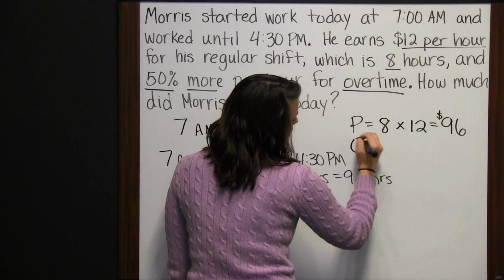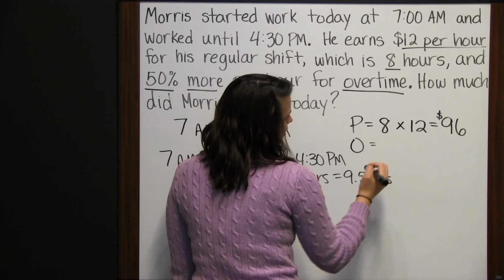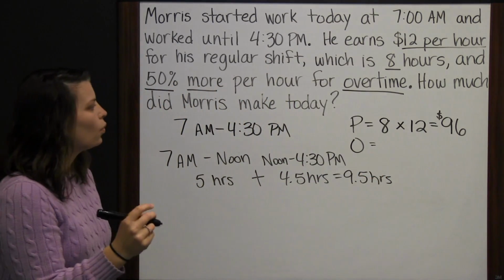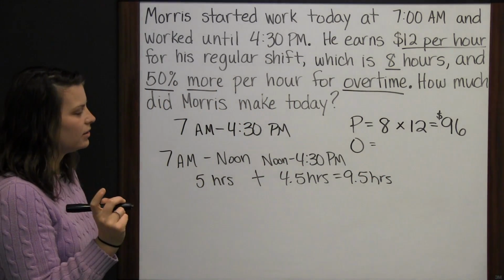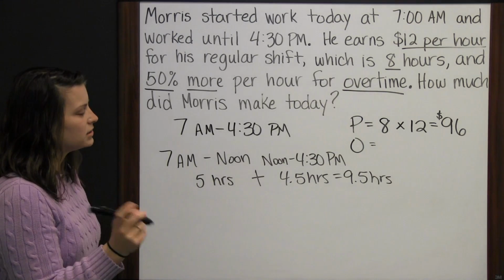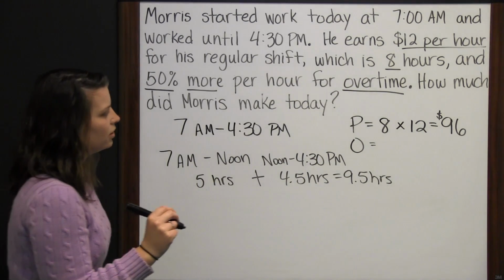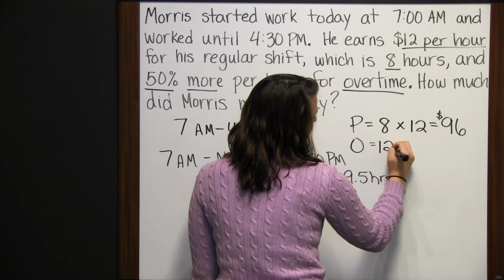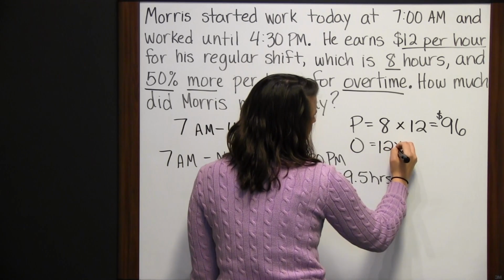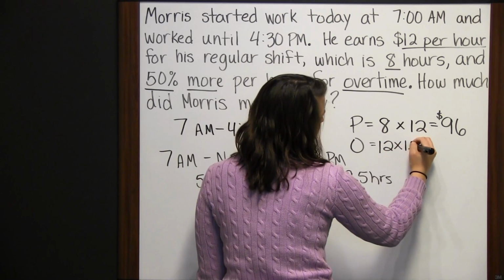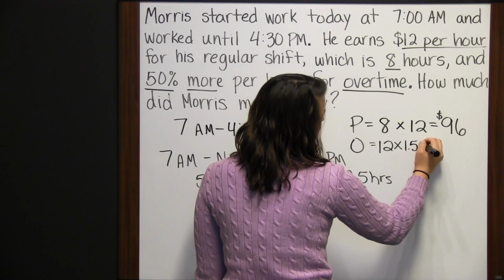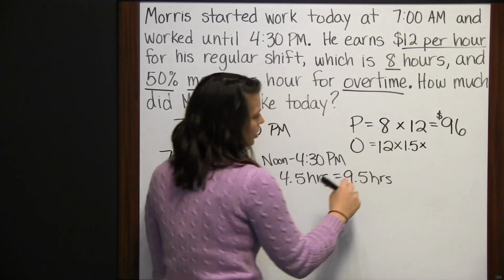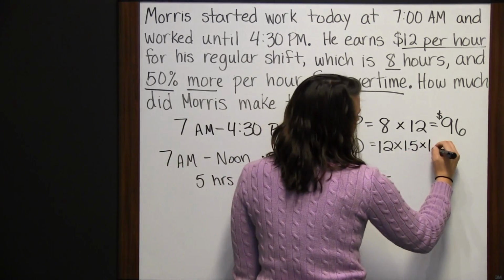But then for overtime, he makes 1.5 times as much as he made for his regular shift. So 12 times 50% more, which would be 1.5, times he worked that for 1.5 hours.